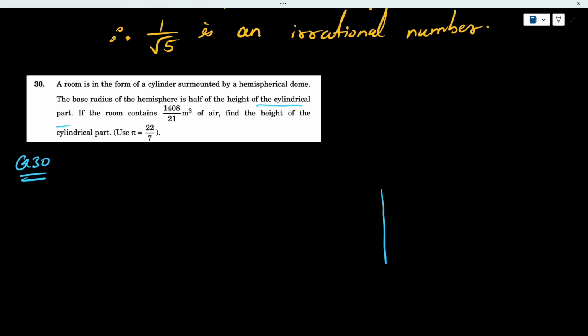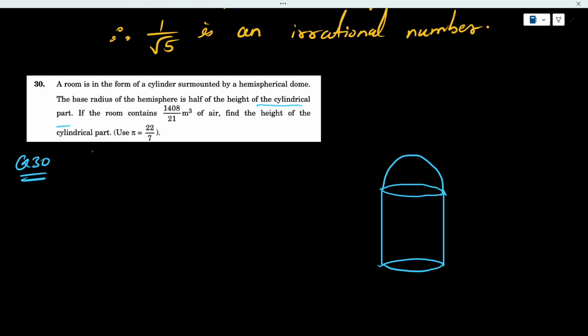This is a cylindrical shape, which is surmounted by a hemisphere, right? This is the cylinder, and above it I can draw one hemisphere.